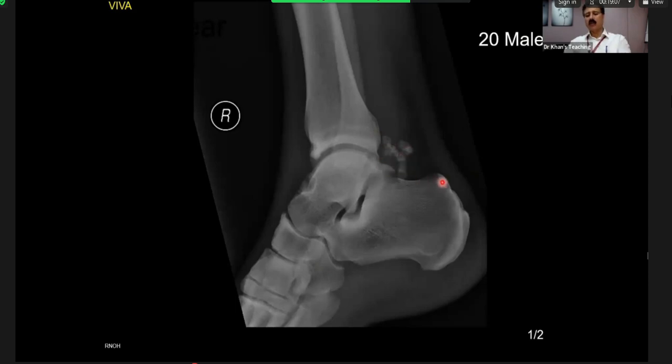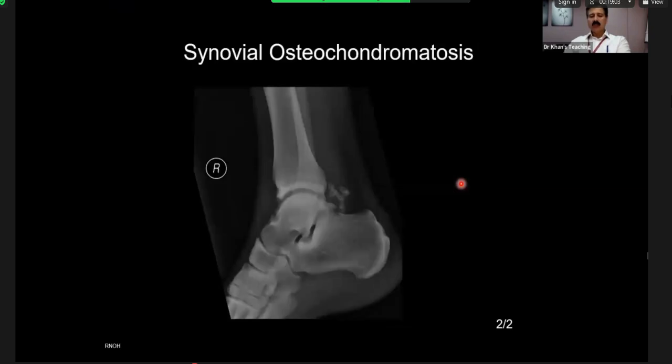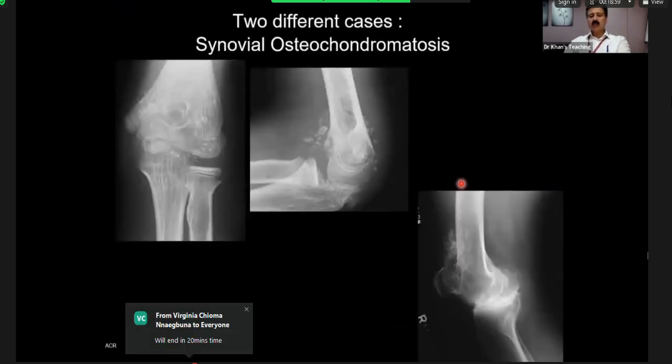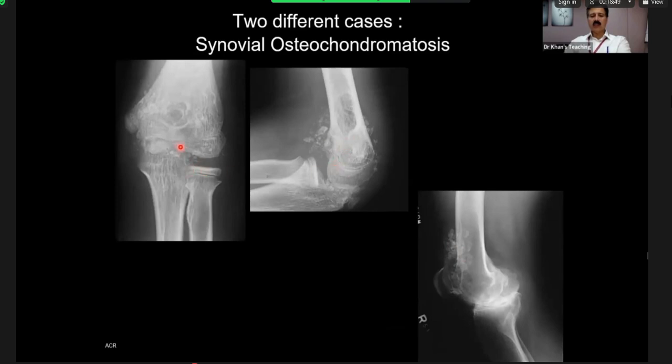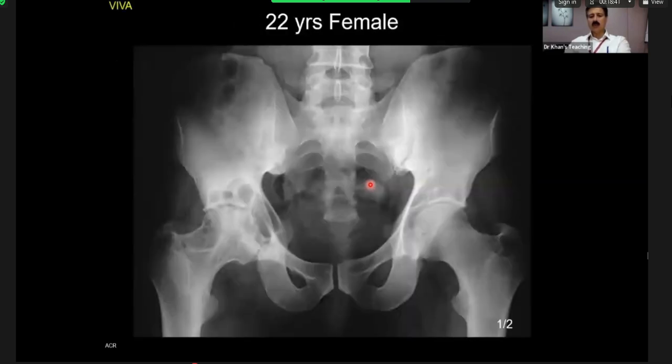All of these are loose bodies, and because these are loose bodies, they can cause secondary OA. These patients are always young patients. Please remember that. So they might be 20-year-old, and then there will be secondary OA. Look at this, the epiphysis is not even closed. Synovial chondromatosis. It's a mini case, osteochondromatosis or chondromatosis, whatever you want to call it.